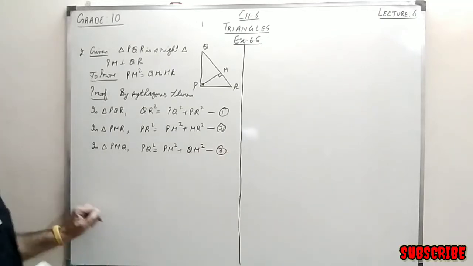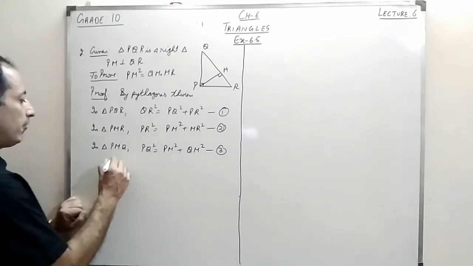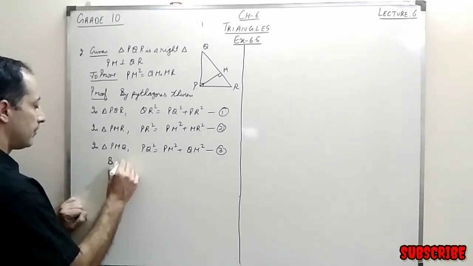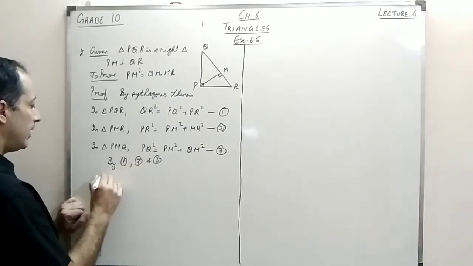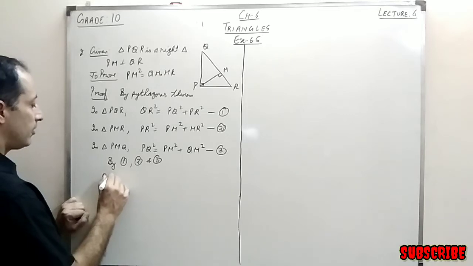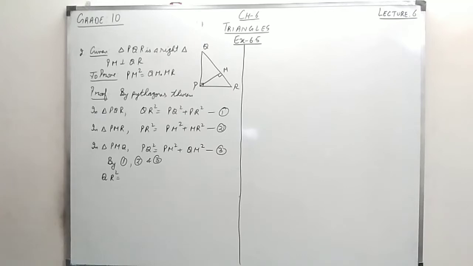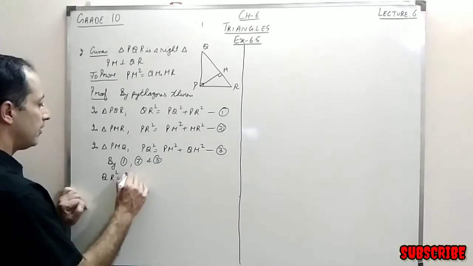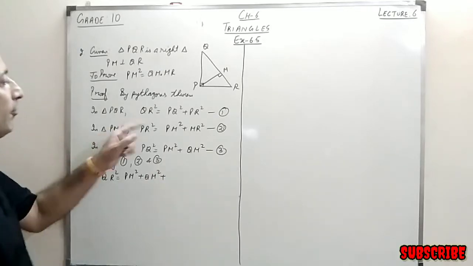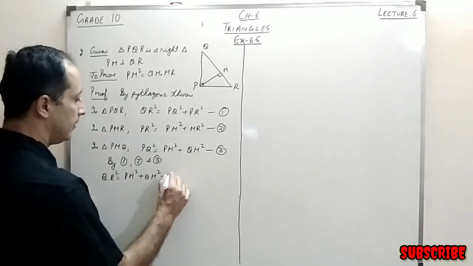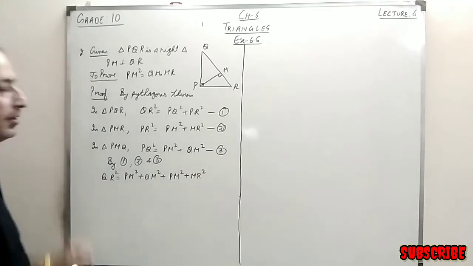Now substituting the value of PR square and PQ square from 2 and 3 in 1. So I write by 1, 2 and 3, I can write QR square is equal to, instead of PQ I can write PM square plus QM square. Similarly, instead of PR square I can write PM square plus MR square.